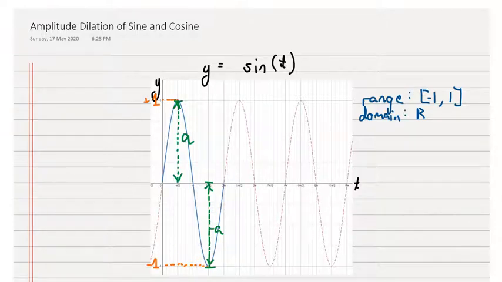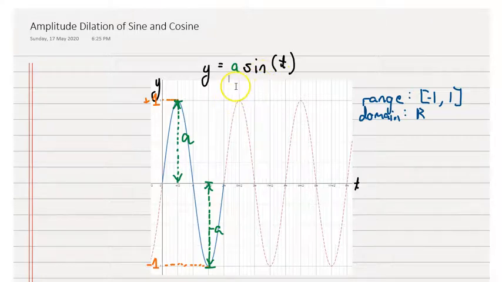And if we wanted to find this as a, going up to our function y equals sine t, we could change this ever so slightly and say it is y equals a sine t. The variable a here is going to act as a scaling factor on the output of the sine function.